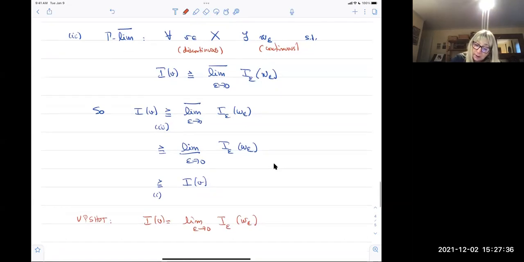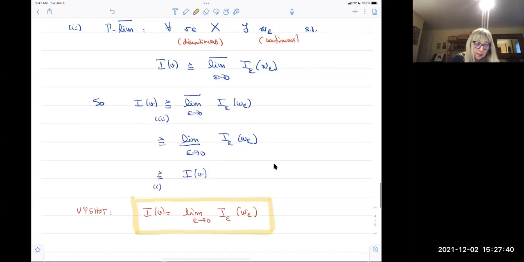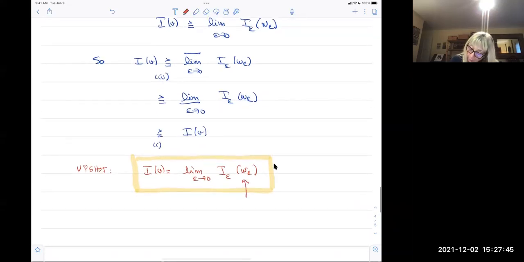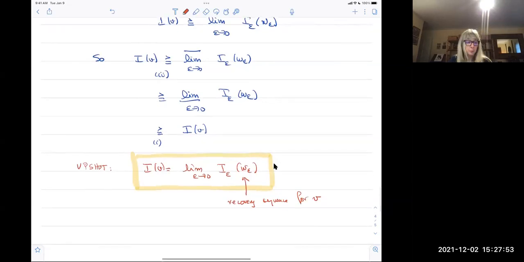And you call such sequences recovery sequences. This is a recovery sequence for V. And it does not have to be unique. In general, it's not unique.